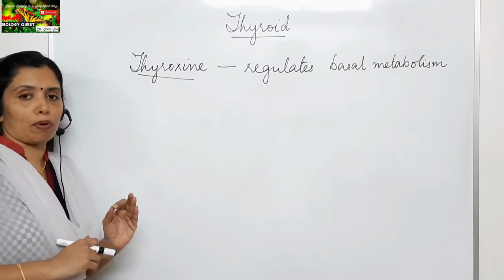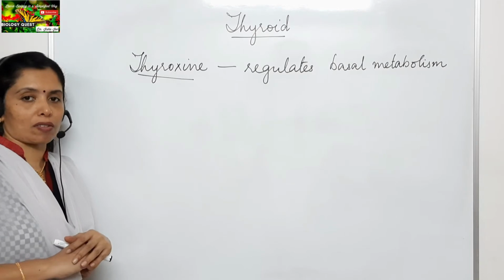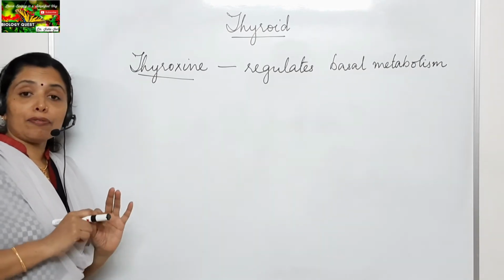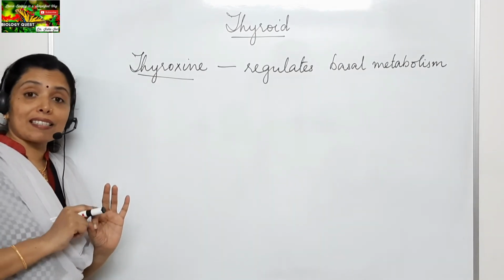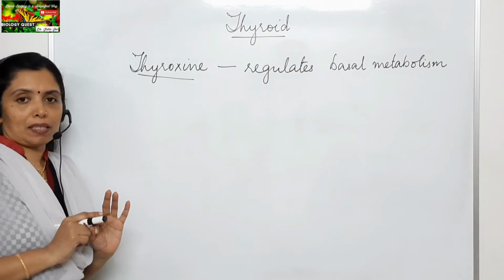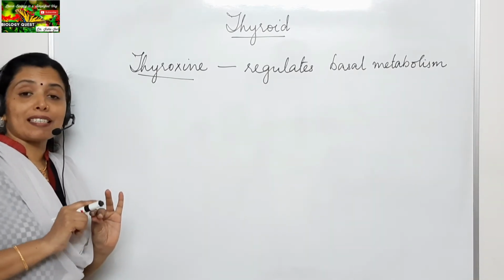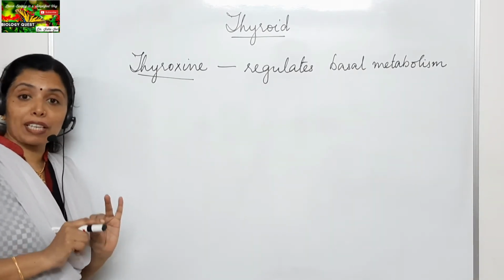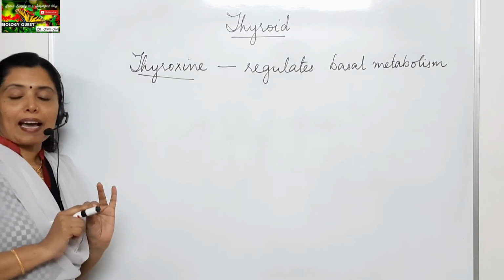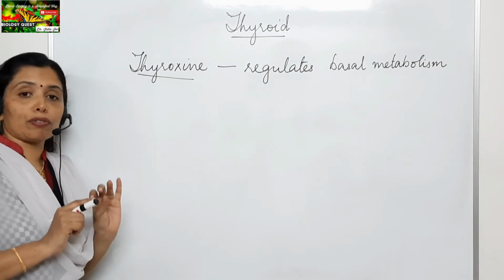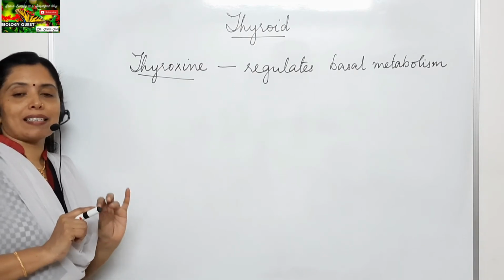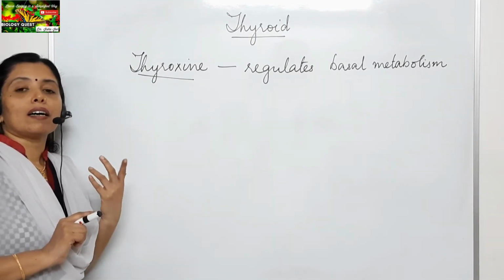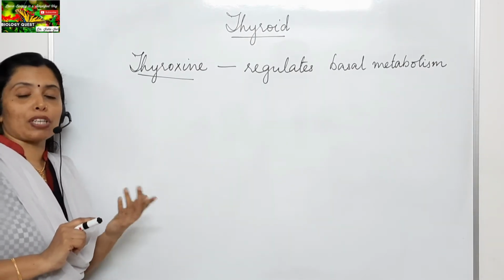General growth of the body is influenced by thyroxine. Another function is that it is concerned with mental development. The third function is that it is concerned with ossification of bones. And the fourth function is that it influences the temperature of the body.